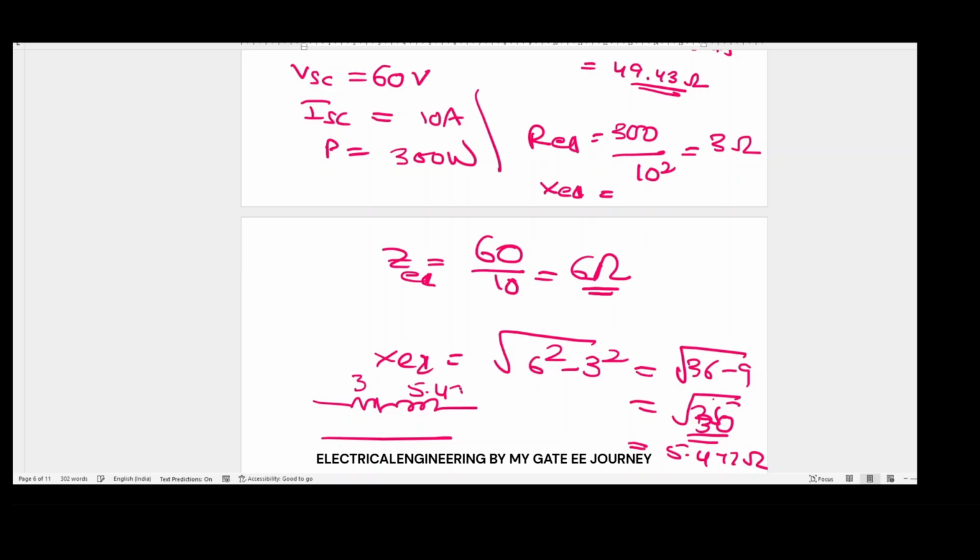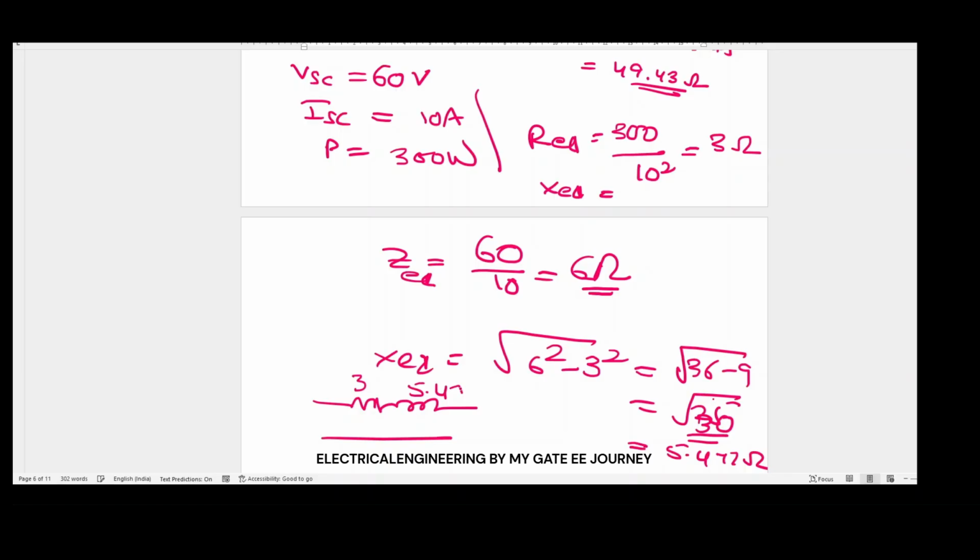If you want to represent it on the primary side, what is the equivalent circuit? We know these branches. What are the values?